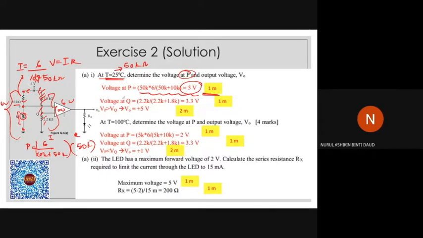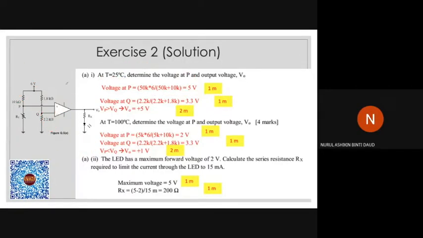And then you need to also look at voltage. Once you know the voltage at point P, you need to find the voltage at point Q. Q is at this point.